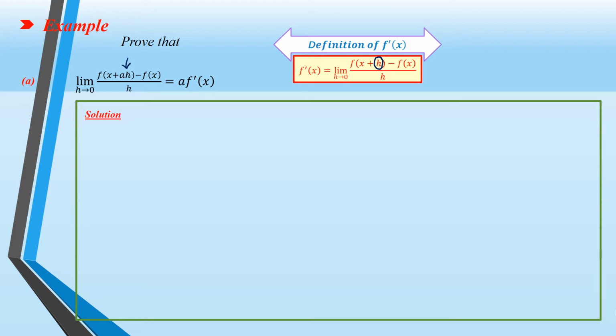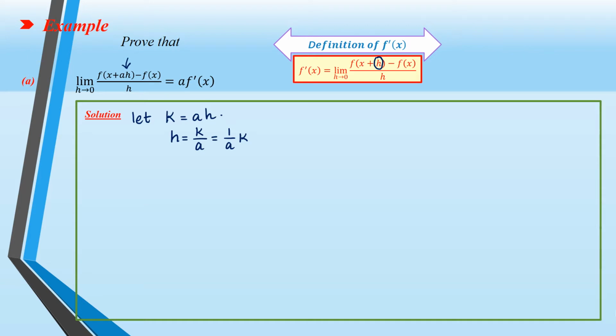So firstly you have to suppose that a variable equals ah. So firstly let k equals a multiplied by h, and consequently we have h equals k over a, which we can write as 1 over a multiplied by k.